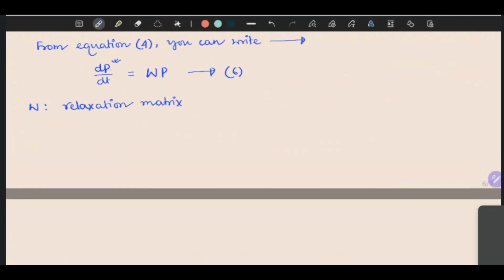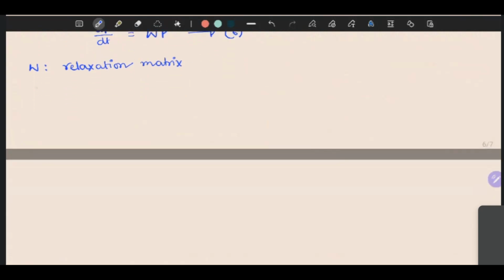So if P has n elements in that column, this will be an n cross n matrix which has off diagonal elements.